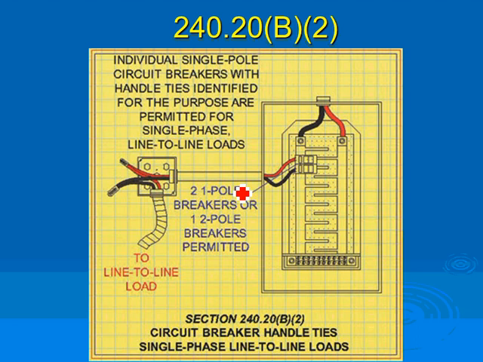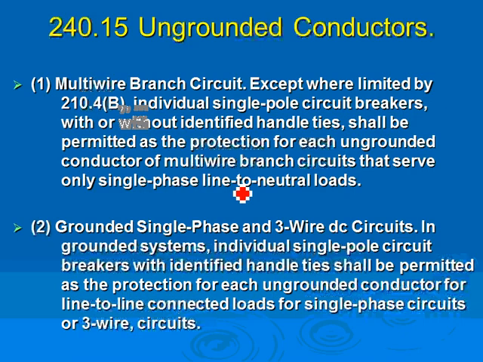Single phase line to line. Everybody knows that you either feed single phase line to neutral or line to line, and three phase has to be three lines. Any comments, guys, about tying these circuit breakers with an approved handle to feed loads that are neutral loads or line-to-line loads?